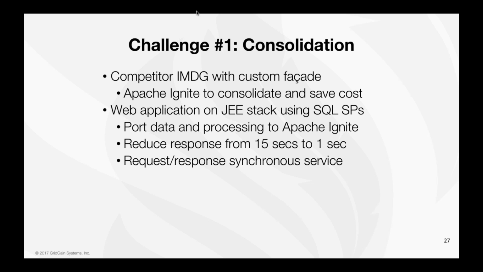Processing could be achieved in a reasonable length of time, but maintaining the code and the application, and the ability to enhance and improve it, became difficult. So they can't use this approach anymore. They are in the process of moving the data to Apache Ignite, and the next phase will be to take the business logic from many of these stored procedures and move it to an Apache Ignite environment.